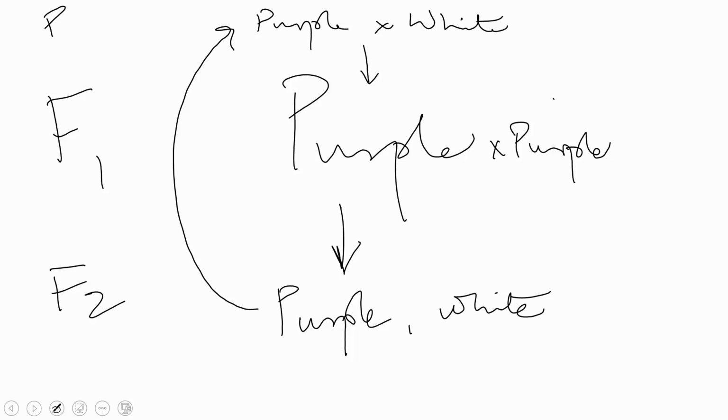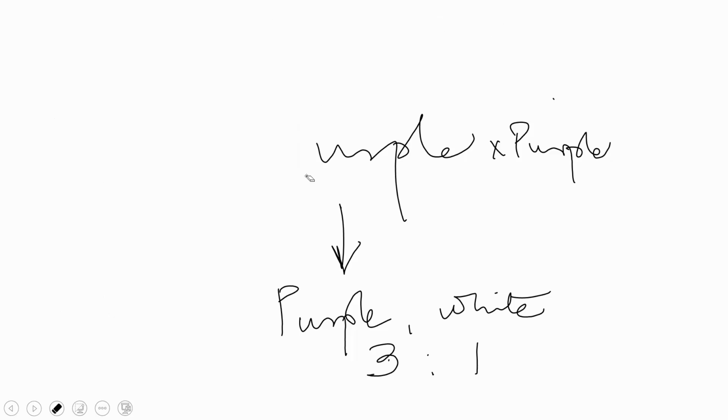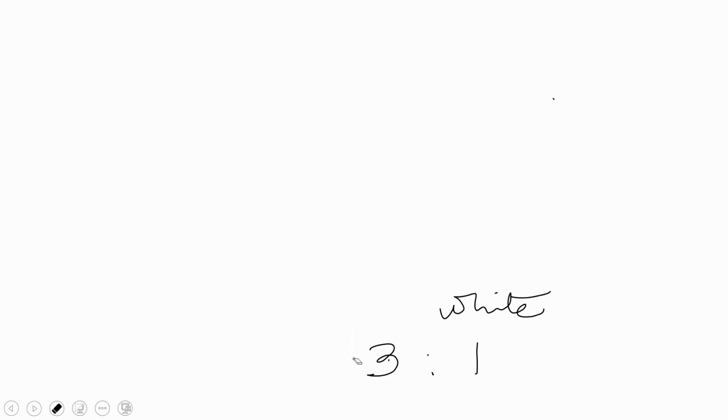And what he saw was that this ratio is always 3:1. What we can do now is figure out how he did this and how this actually occurs. And if it occurs for flower color, that's great. But if it occurs for other genes, because we're not just made of one gene, then how does that work?